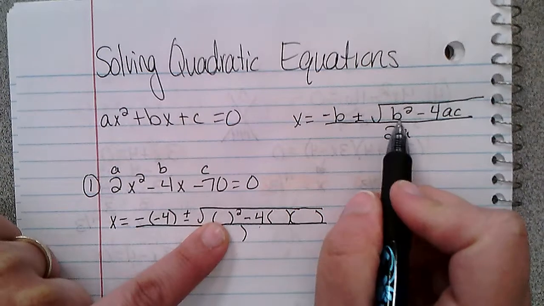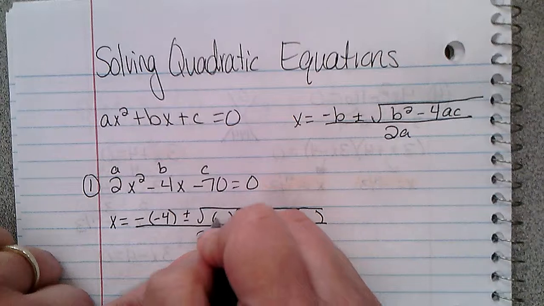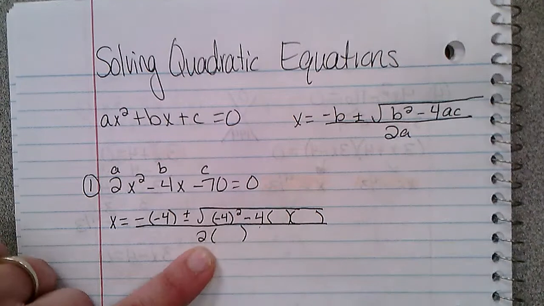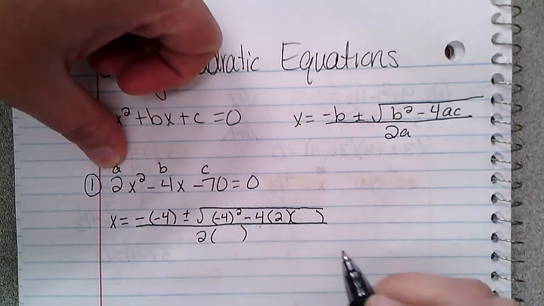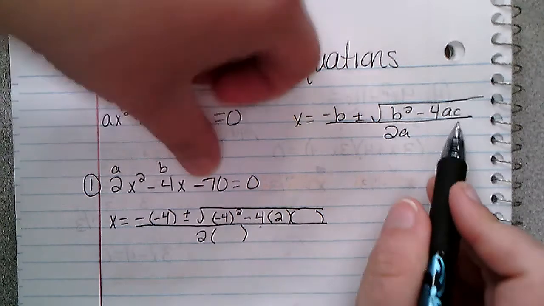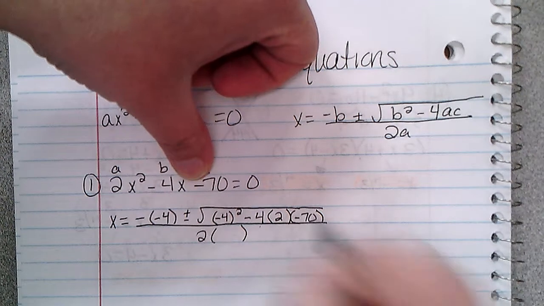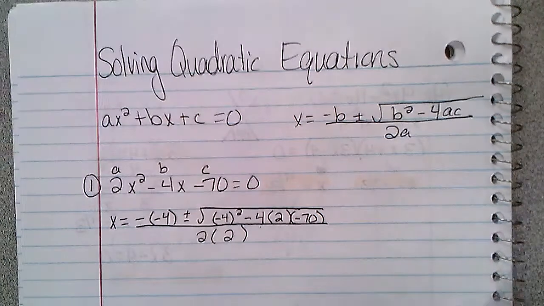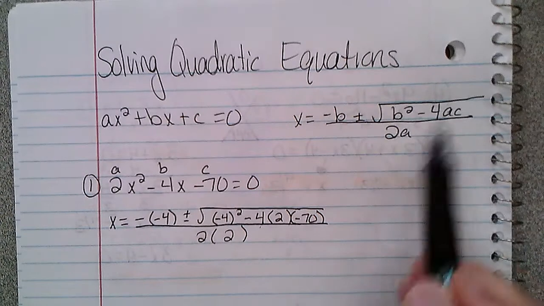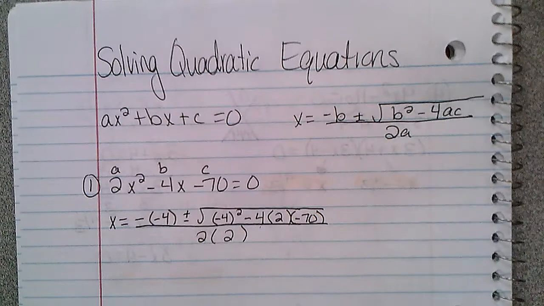Then the next parenthesis is also b, so negative 4 again. Then 4 times a, so there's 2, times c, which is negative 70, over 2 times a again. So you use b twice, you use a twice, and you use the c just the one time.